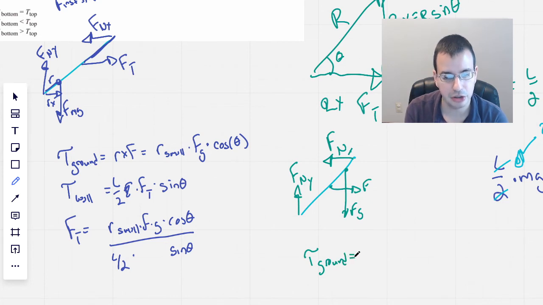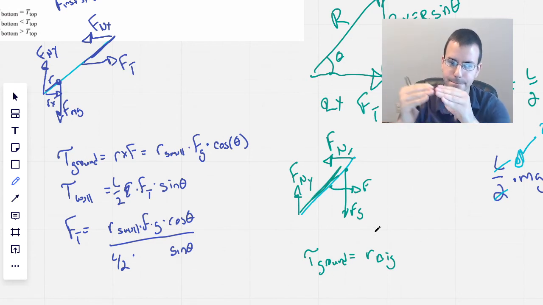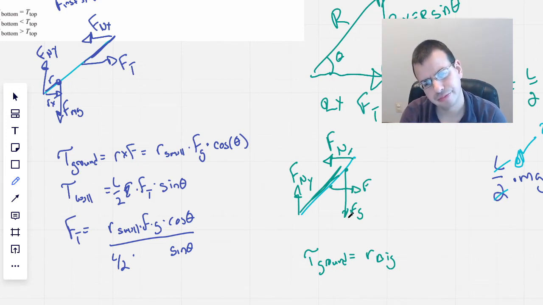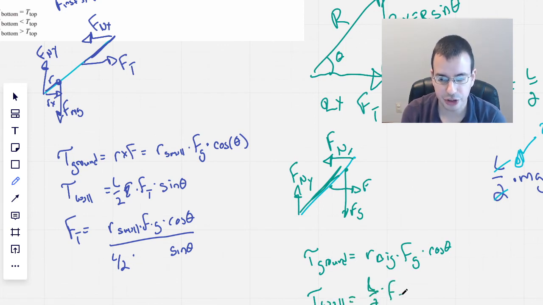Torque ground will be R big, because now we have a much bigger radius, bigger x component, times force gravity times cosine of theta, because we have the same theta. Torque wall will then be L over 2, it's supposed to be an L, times force tension times sine theta.